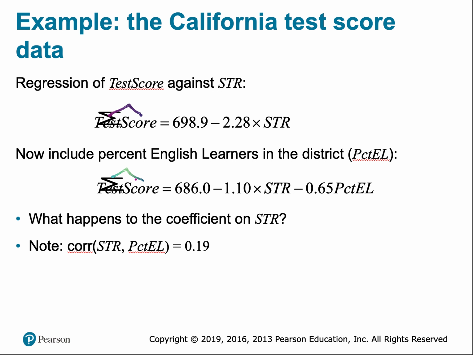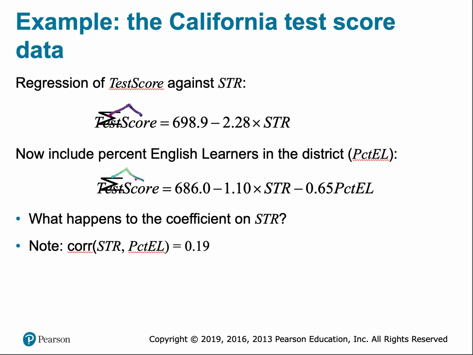If we include percent English learners in the district, the regression becomes predicted value of test score is equal to 686 minus 1.1 times the student-to-teacher ratio minus 0.65 times the percent of English learners. Observe that the coefficient on the student-to-teacher ratio gets smaller.